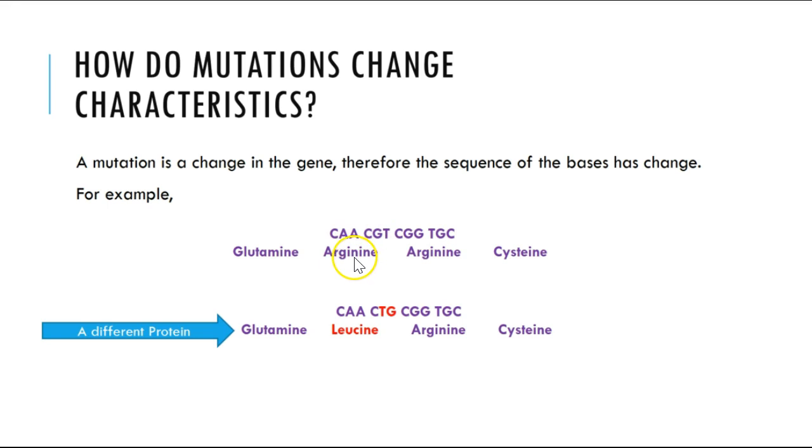Now, for whatever reason, there has been a mutation, which means there has been a change in the DNA sequencing. Now, let's look at the one below. We had CAA, which is glutamine, but now there has been a swap over right here. There has been a change in the DNA sequencing, which means it no longer codes for arginine, but it's now coding for leucine.